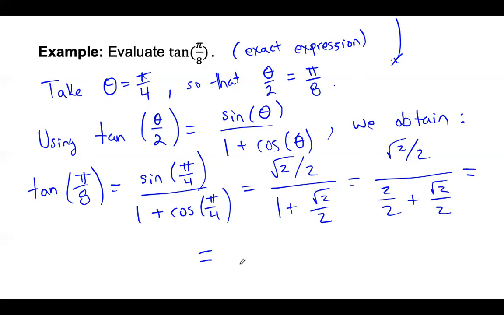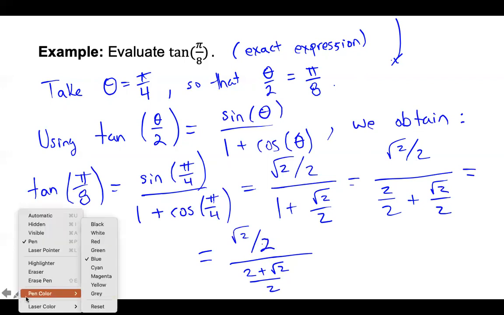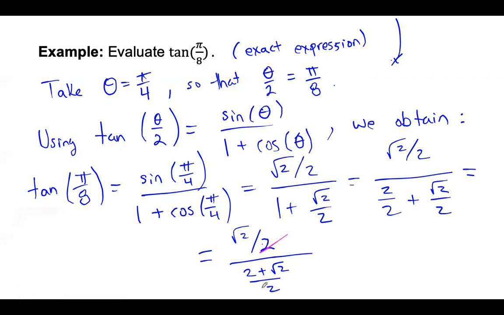Well, you could add these first if you wish. So 2 plus square root of 2, divided by 2. And the top is square root of 2 divided by 2. Then cancel this and this.